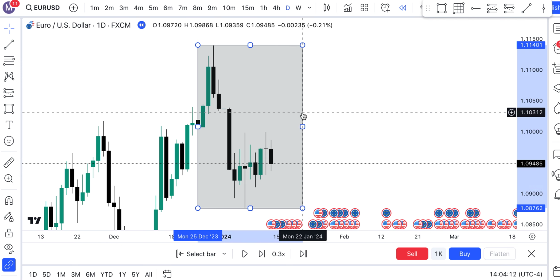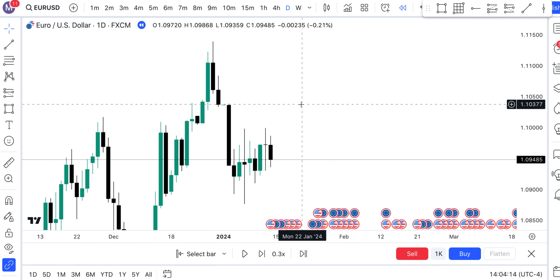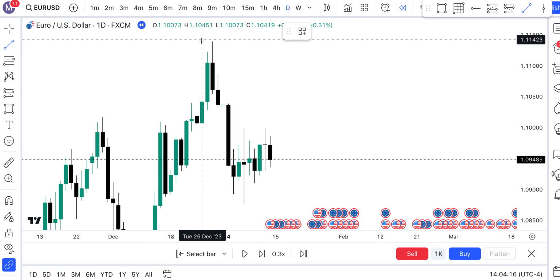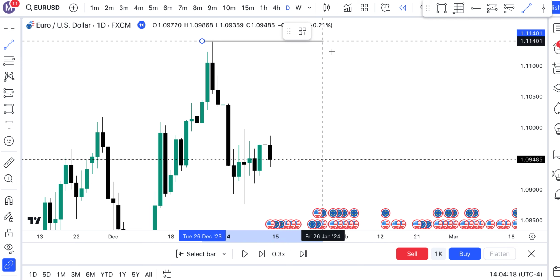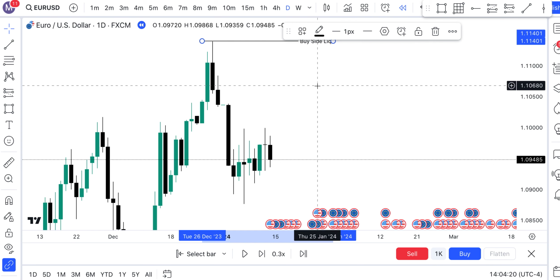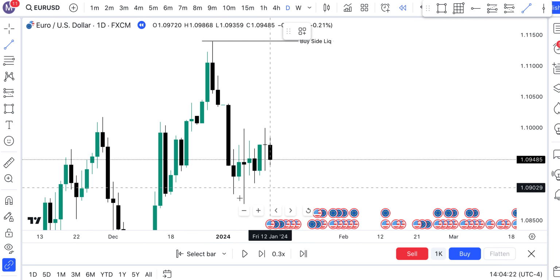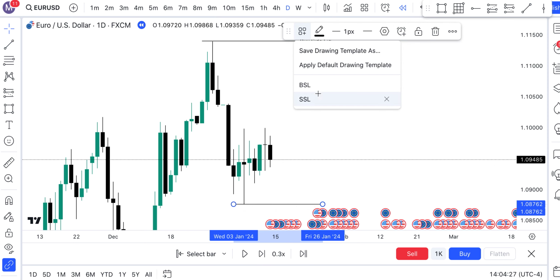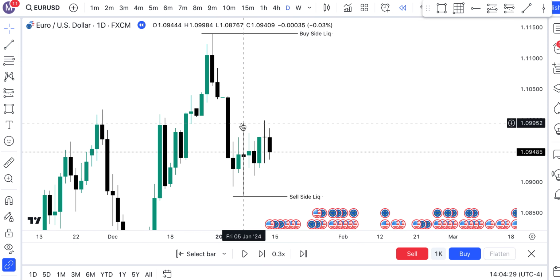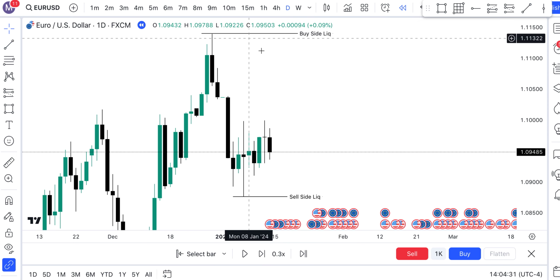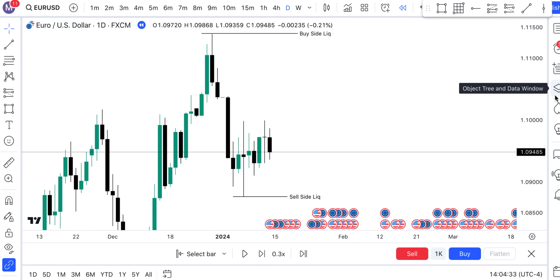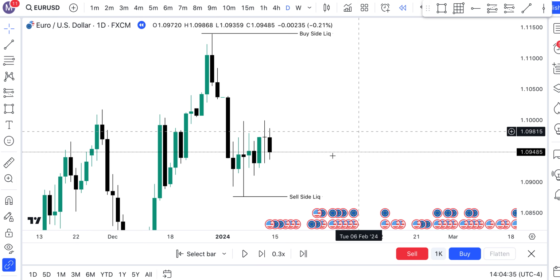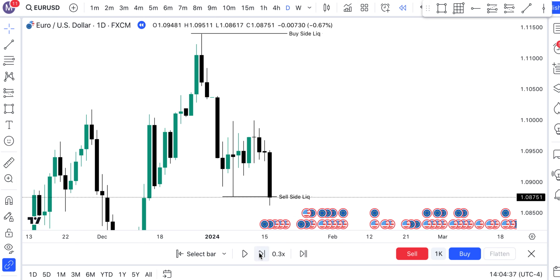Focus on this area. So we've got our buy side liquidity, of course, and we have our sell side liquidity. Of course, we have more highs and lows, but I'm just keeping it simple and using these to keep the chart clean. So let's see what happens.